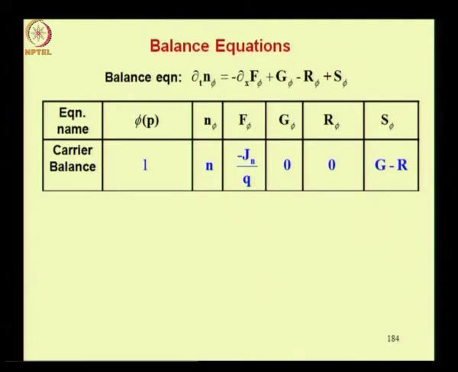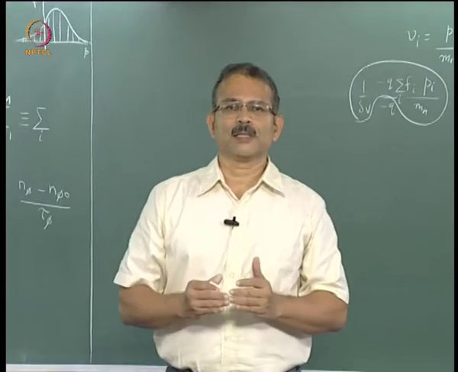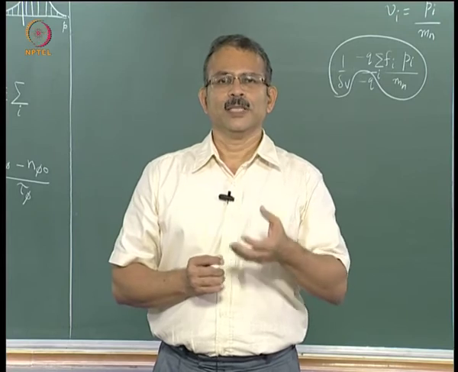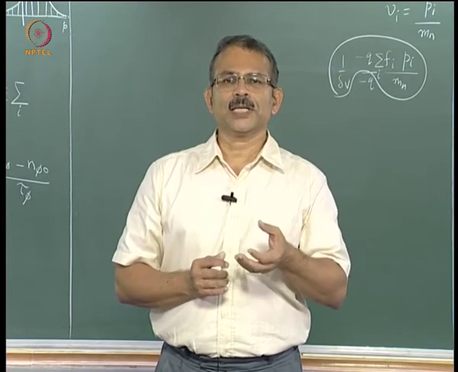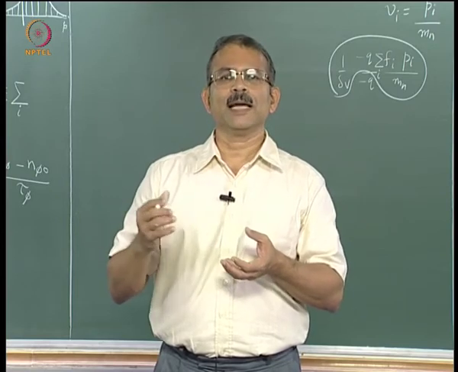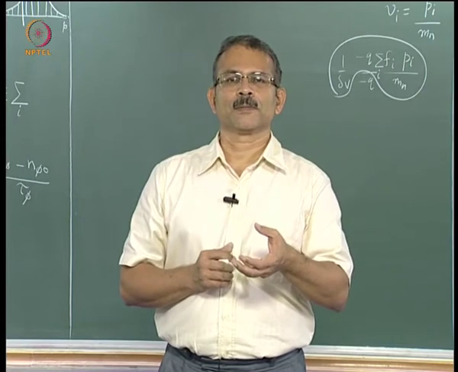Now look at J phi. Why is J phi 0 and why is R phi 0? Well, one way to appreciate this fact is from the physical interpretation. So we said G phi is generation of n phi due to momentum changes by F. Now n phi is the carrier concentration.